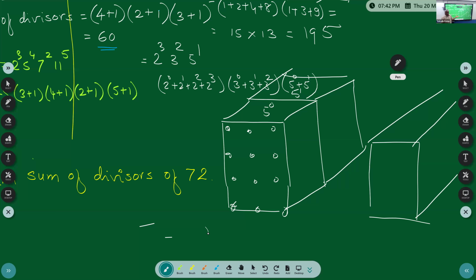And actually we need not worry about that. It will work. It will happen. So for understanding, we are creating this matrix or a box, but at the end of the day, finding the summation of all divisors, this is going to work. Vertically, you add them column by column and add all the columns. It is going to fall in place.